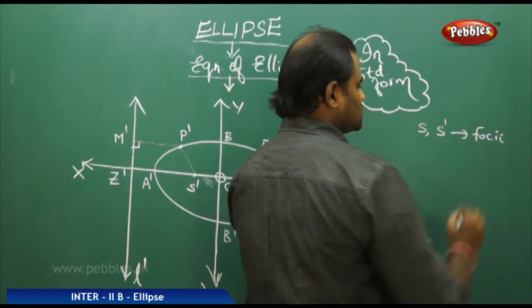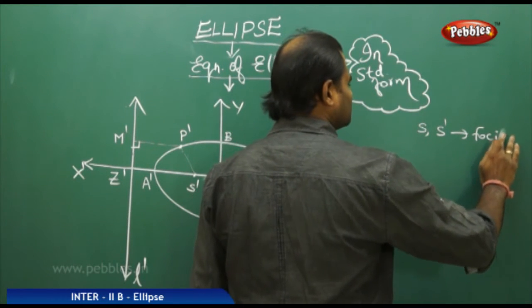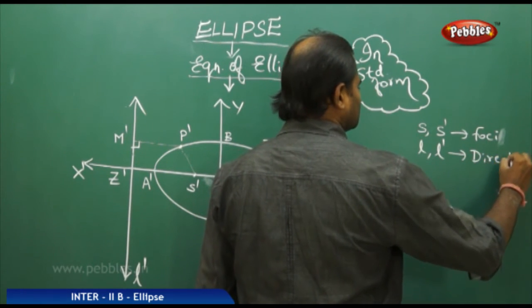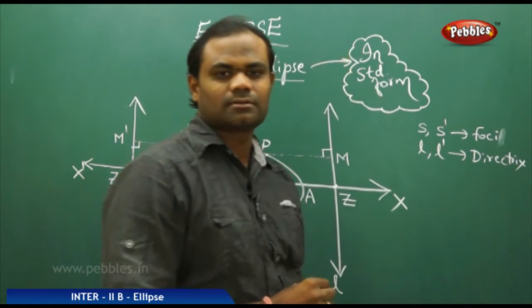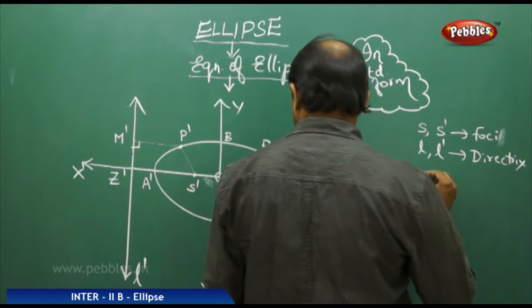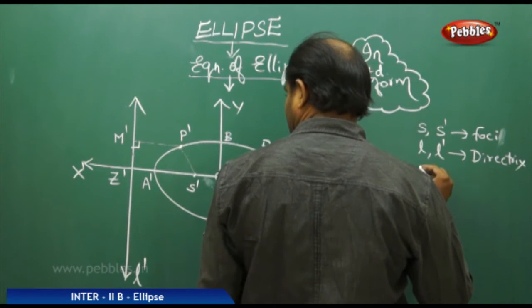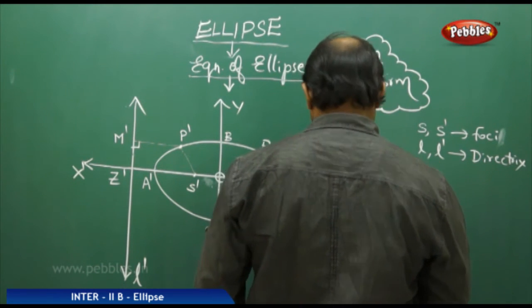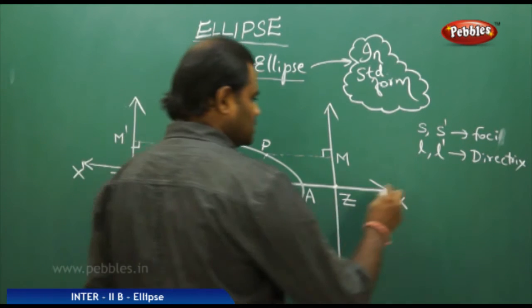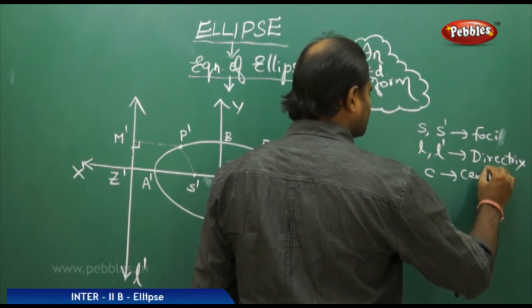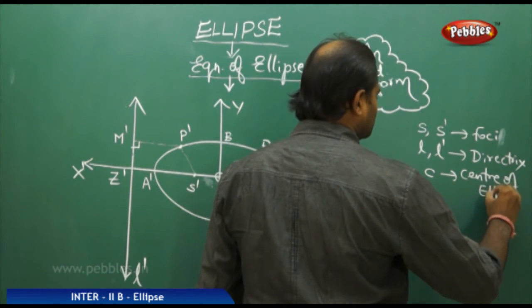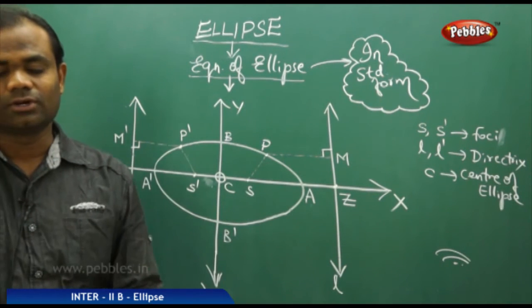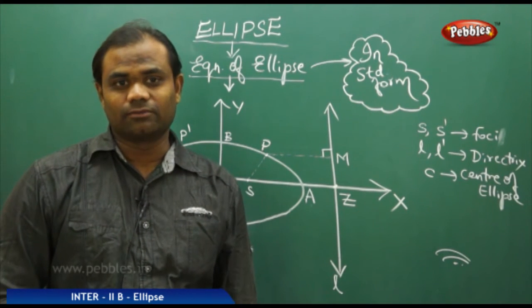The plural of focus is foci, and then these are called directrices, and then I have S dash and L dash, and C, which is the center of the ellipse. This is how I understand each of the structures or properties of the ellipse in standard form.